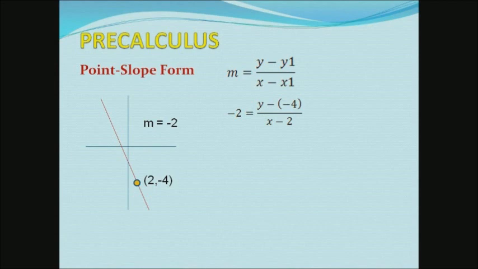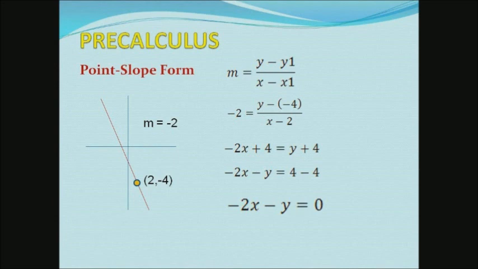So after substituting this, again, same process tulad kanina, we have to eliminate our denominator by cross-multiplying the negative 2 by the denominator x minus 2. And so we will have now negative 2x plus 4 equals y plus 4. So naging isang layer na lang yung entire equation natin.